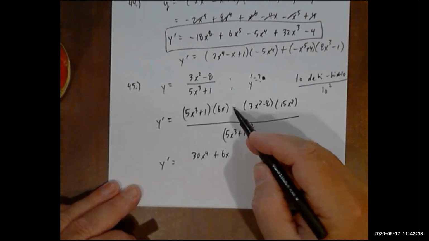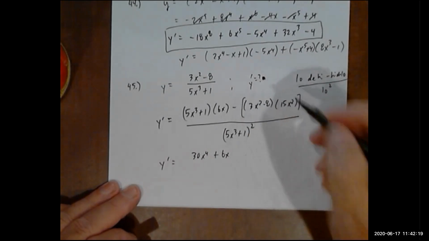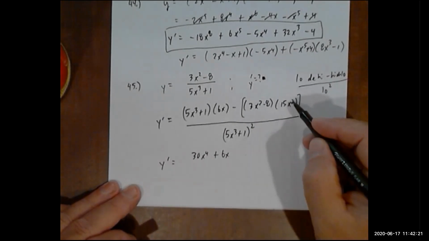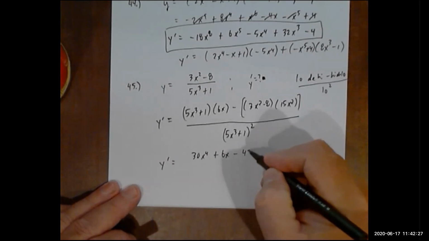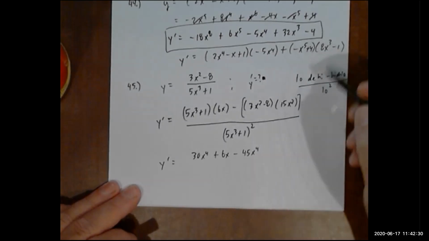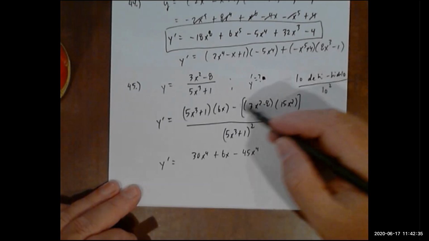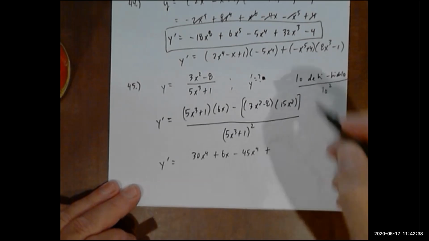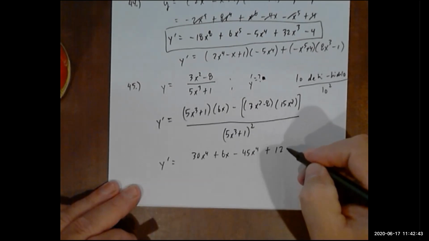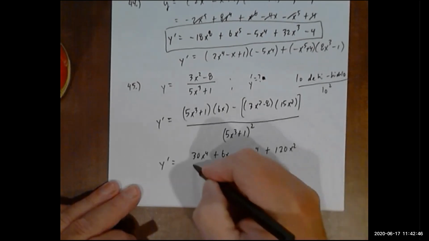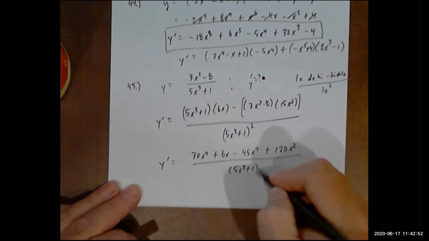Now you notice this is subtract, so really everything over here is going to be minus. So 15x squared times 3x squared is 45x to the 4th, but it's a minus 45x to the 4th. 15x squared times negative 8, that's a negative number, but since I'm subtracting it, it's actually going to be positive. So 8 times 15 is, I think, 120. All of that, and I'm not going to mess with the denominator.